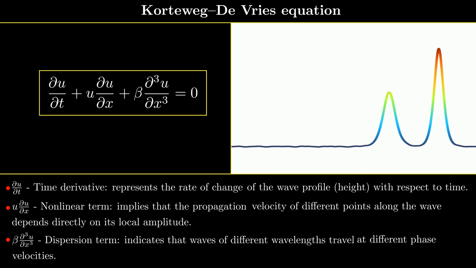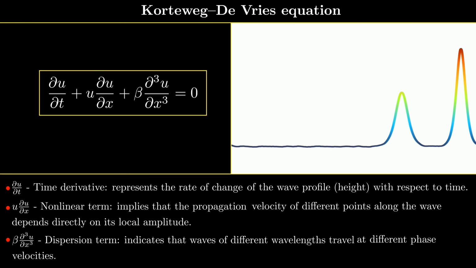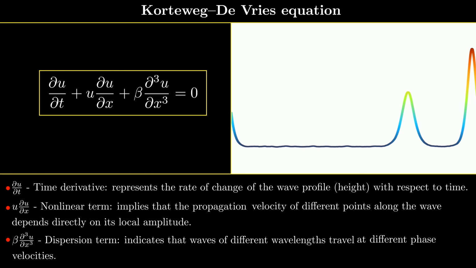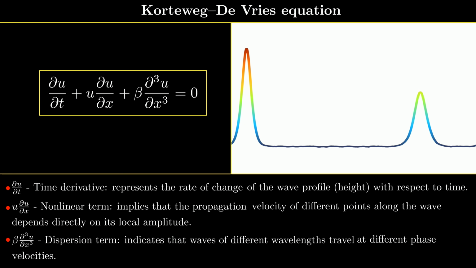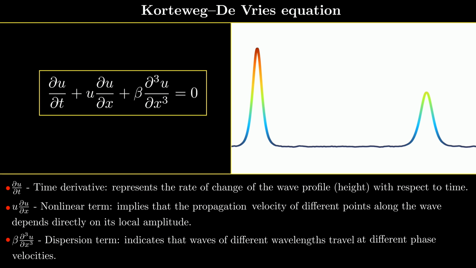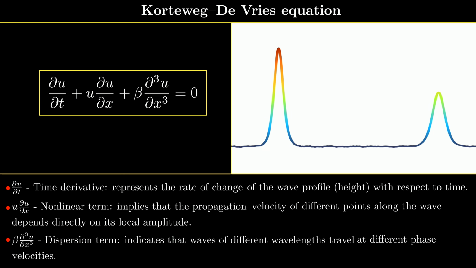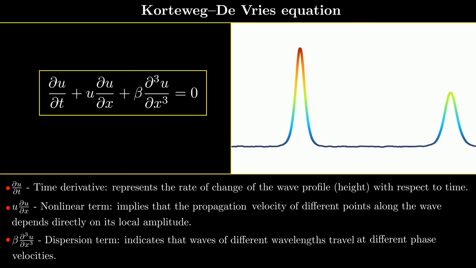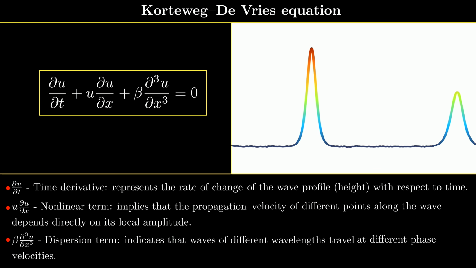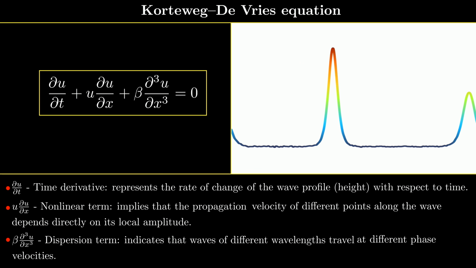Of particular interest is the case when the nonlinear and dispersive effects are in exact balance. Under these conditions, a stable localized solution arises, a soliton. Such a wave propagates with a constant velocity, retaining its shape over long distances, making it one of the most important objects in nonlinear wave theory.